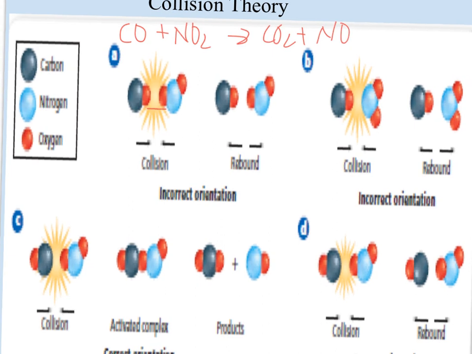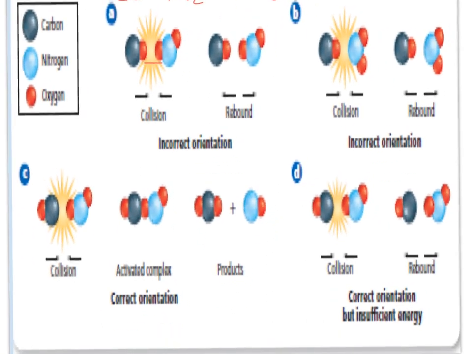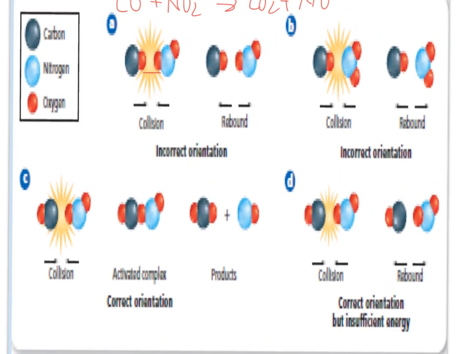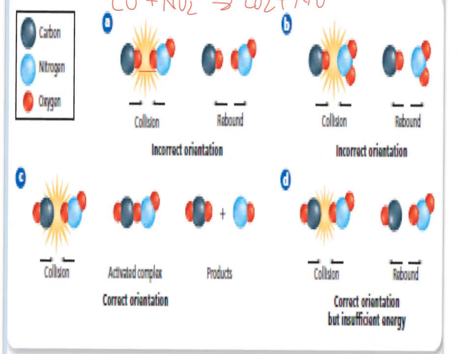But down here in sample C, finally the collision occurs where it needs to be, between the carbon and one of the oxygens on the nitrogen dioxide. And in fact, it not only collided in the right place, but it had enough energy to stick and then form the new product.